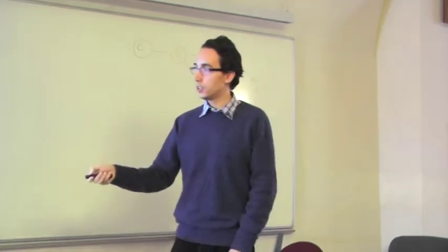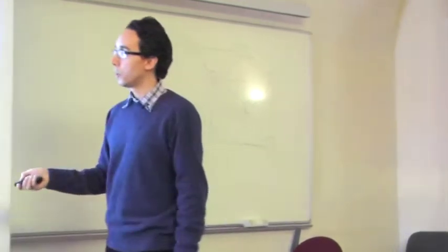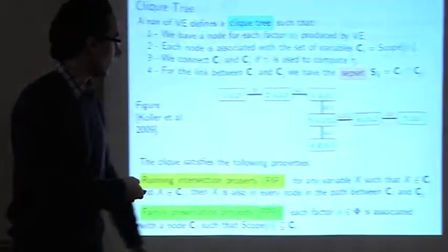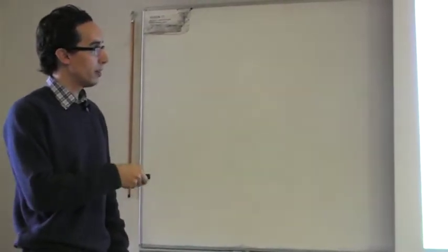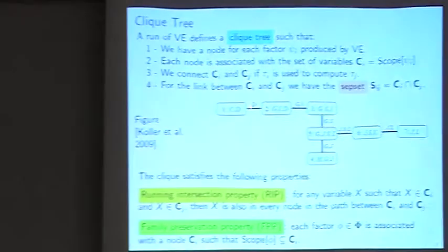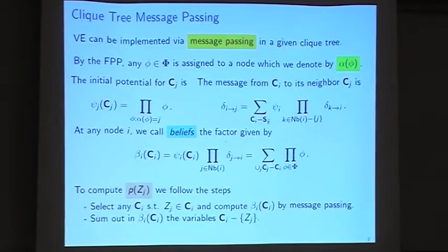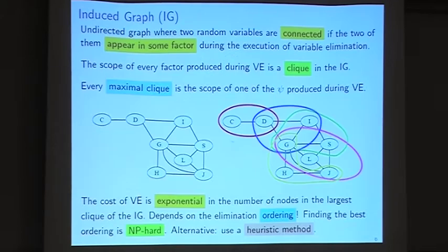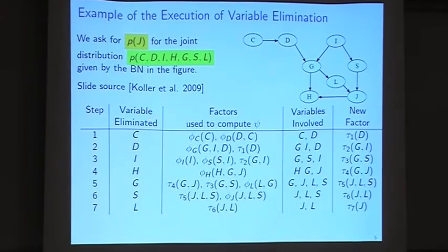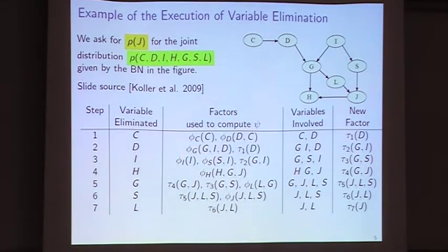This running intersection property originates because if some variable appears for the first time in one of the nodes, it means that variable is in the factors psi I produced during the execution of variable elimination.